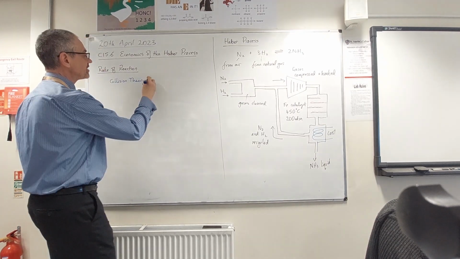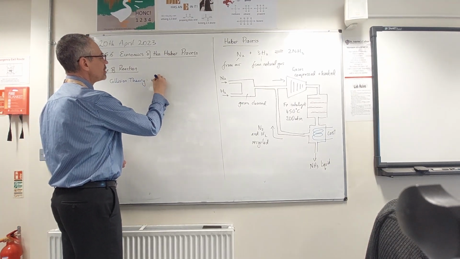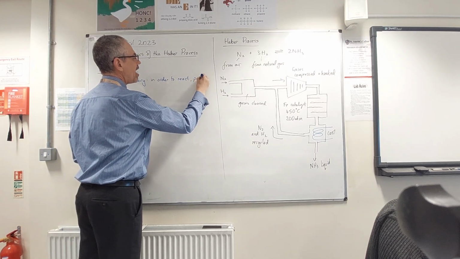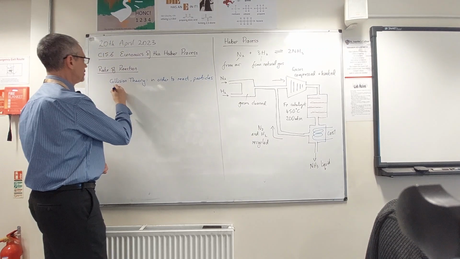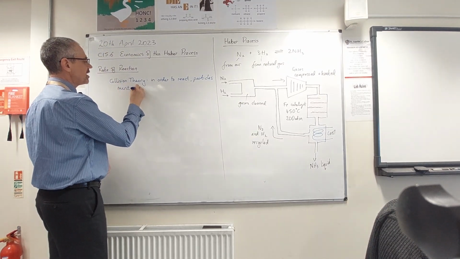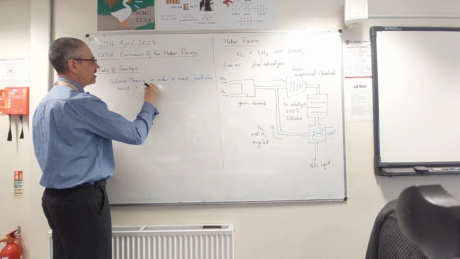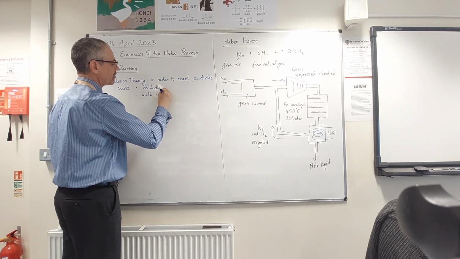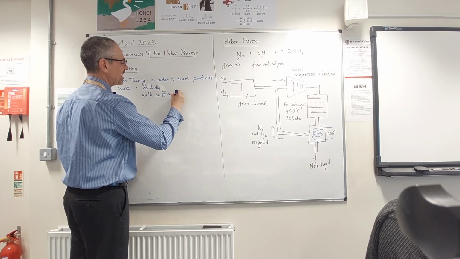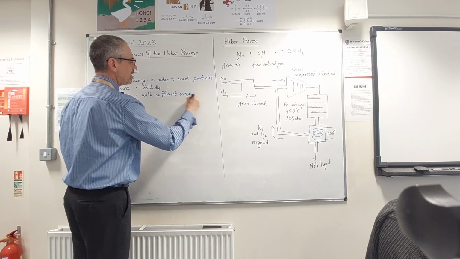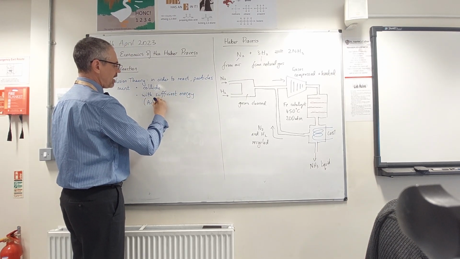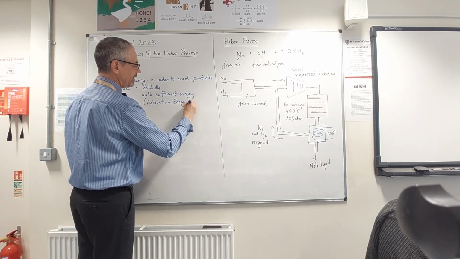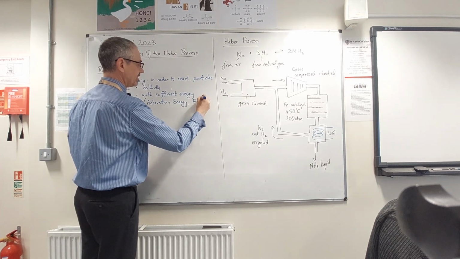Collision theory states that in order to react, particles must firstly collide, and secondly they must collide with sufficient energy, what we usually call the activation energy, E little a.